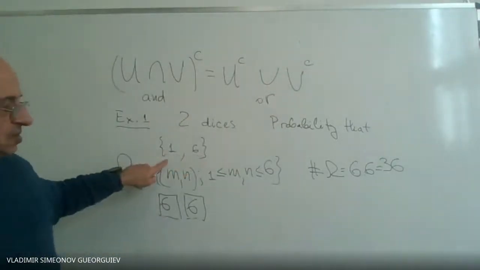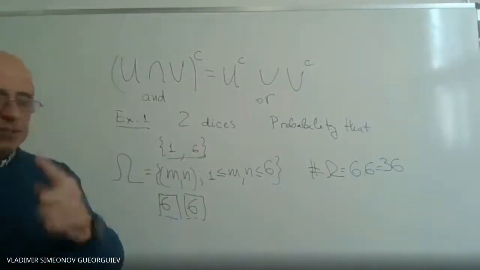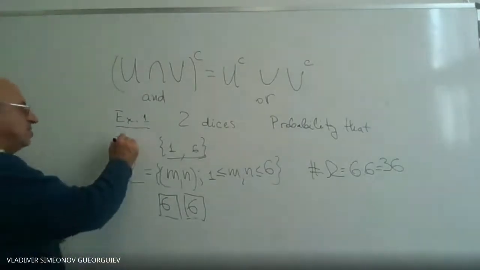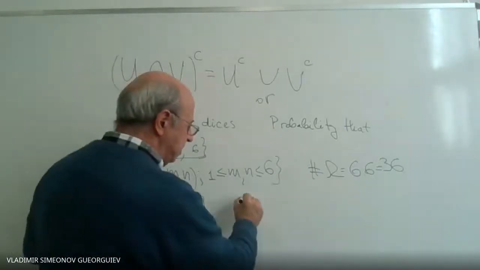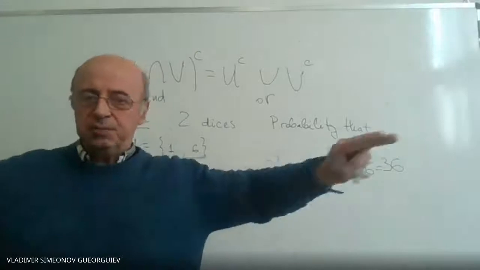One exit has one probability. This set is one element. We put as exit (1, 6). So this set is U1, and we apply the assumption that the probability is equidistributed.